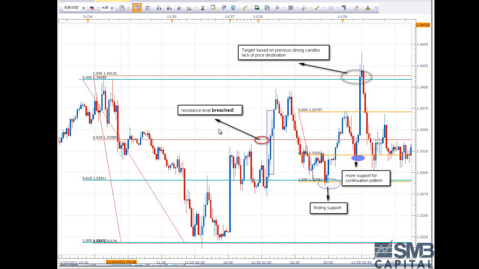Due to the fact that the resistance levels were breached already, what the market did was a boost, as a continuation pattern, looking for levels of support, and then reaching the target levels. So the key element is knowing when the market is strong enough that it reaches levels of resistance, and then patiently waiting for the pullback to buy in the market.